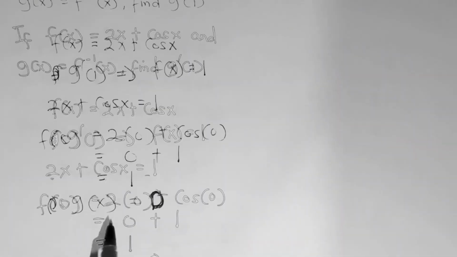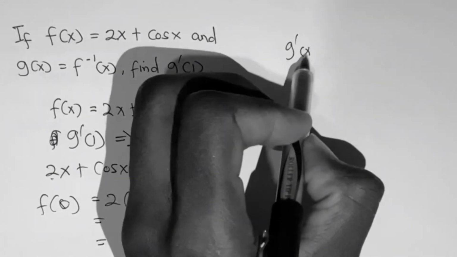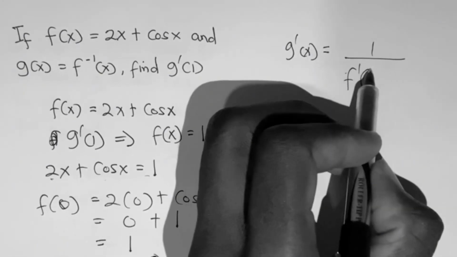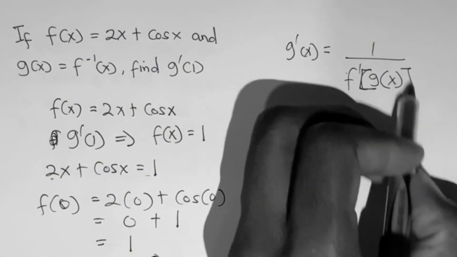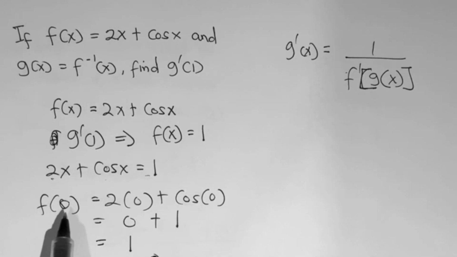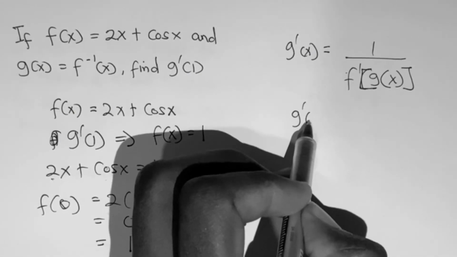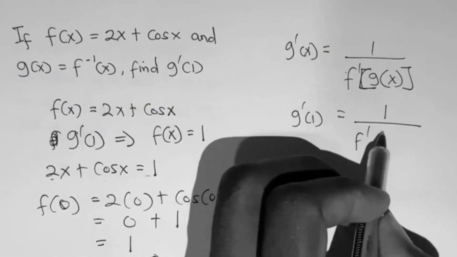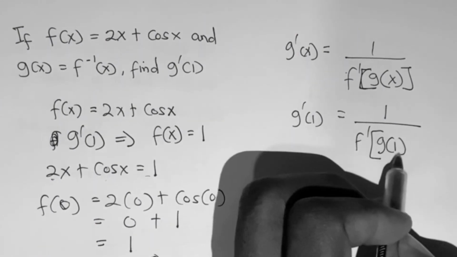Now, having found this, then we can put it into the formula. We know that g prime of x is equal to 1 divided by f prime of g of x. So in this case, it's g prime of 1. So g prime of 1 is equal to 1 divided by f prime of g of 1.